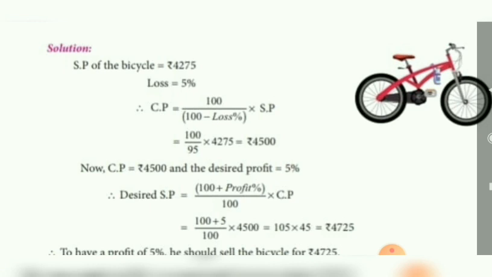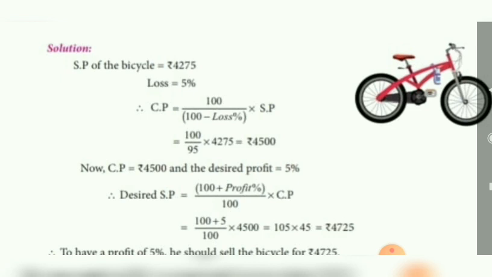Cost price equals 100 divided by 100 minus loss percentage, into selling price. This is the formula; you have to read it in your book, see that and check your answers. So 100 divided by 95 into 4,275. What is the cost price? 4,500.